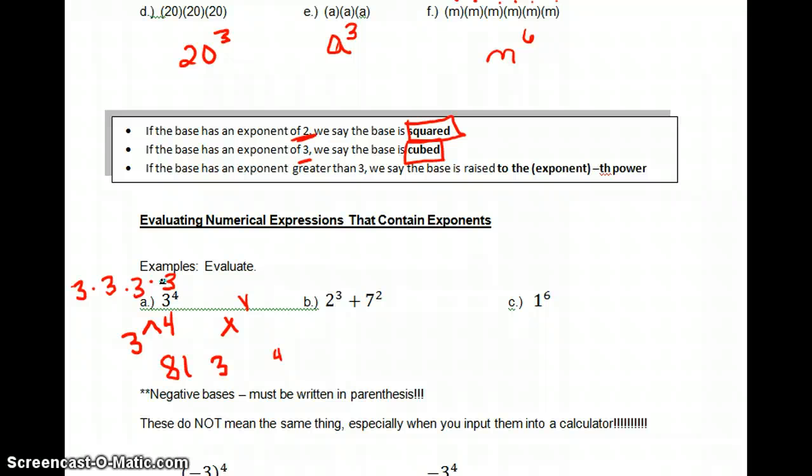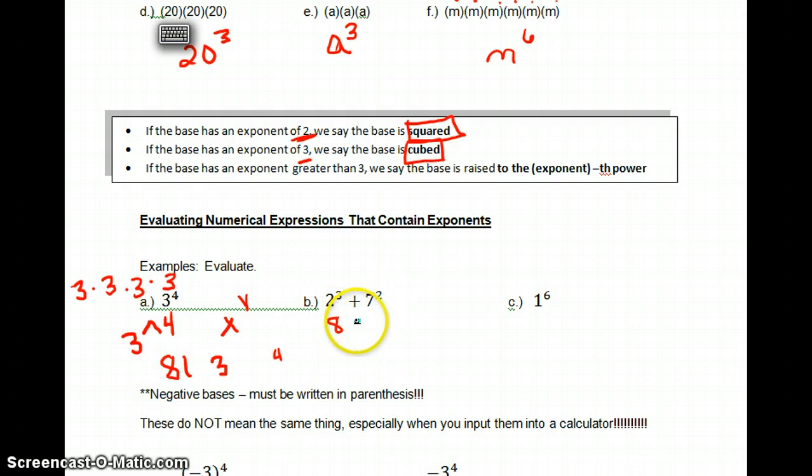For letter B, you're going to notice that you have 2 different bases. Since you have 2 different bases, you're going to need to evaluate each base separately and get the standard form of that number. So please plug in 2 to the 3rd power in your calculator. You should get 8.